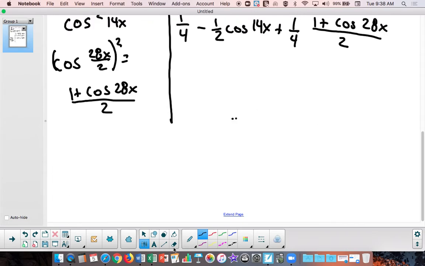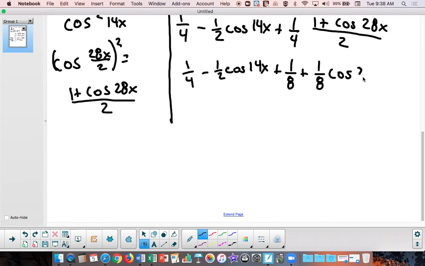Let's try that again. So 1/4 minus 1/2 cosine 14x, and then this is 1/2 plus 1/2 cosine 28x. If I multiply by the 4th, then I have 1/8 plus 1/8 cosine 28x.